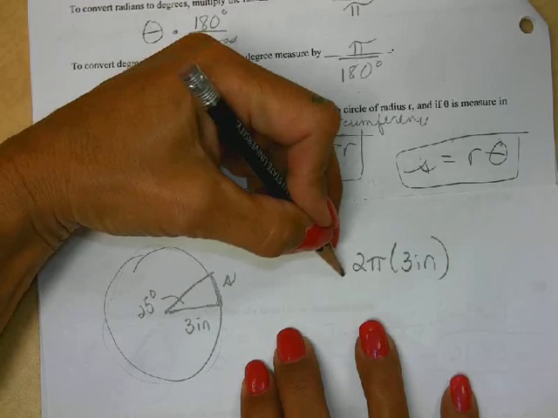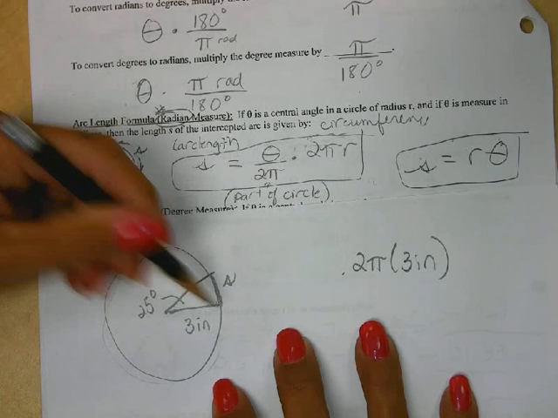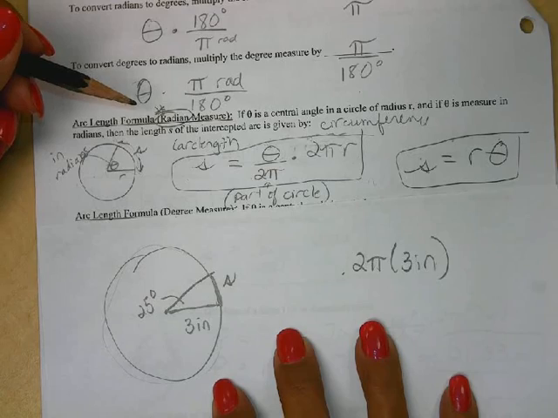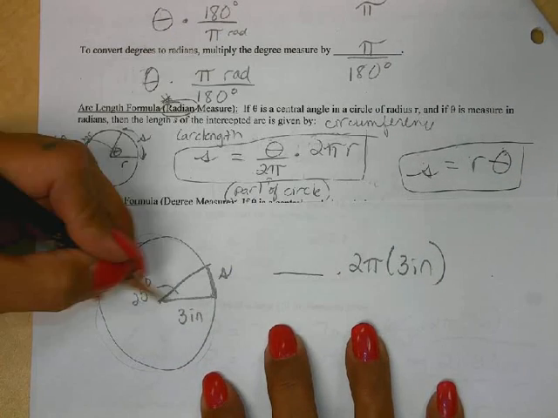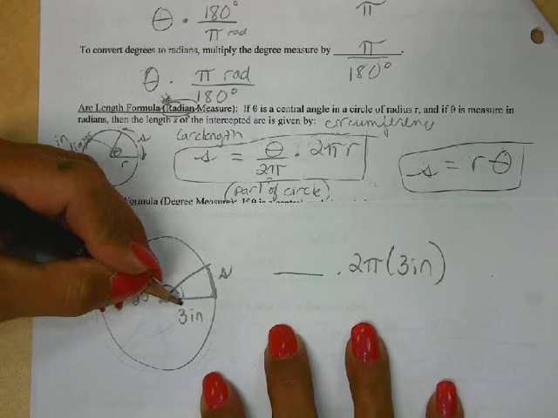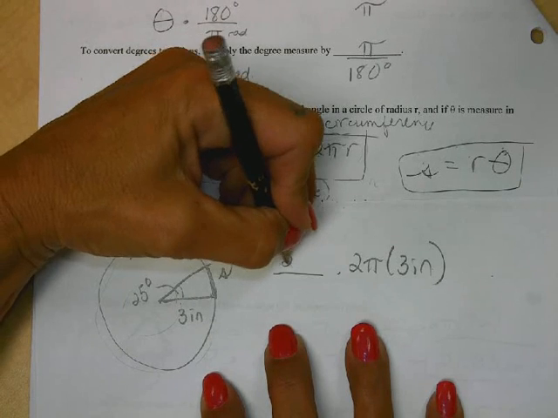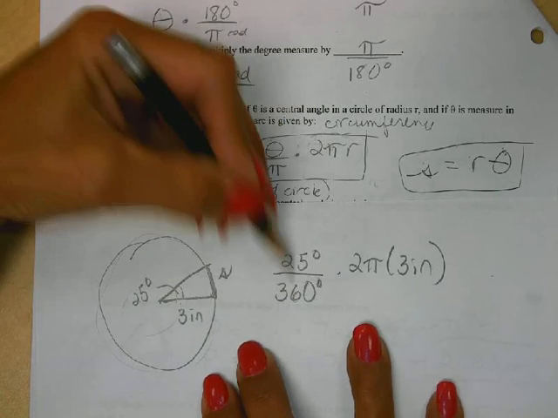It's 2 pi times the radius. And I know I don't have the entire arc of going all the way around, or the whole circumference. I only have a little fraction of it. Doing something similar to what I did up above, I only have 25 degrees of the circle out of an entire 360 degrees.